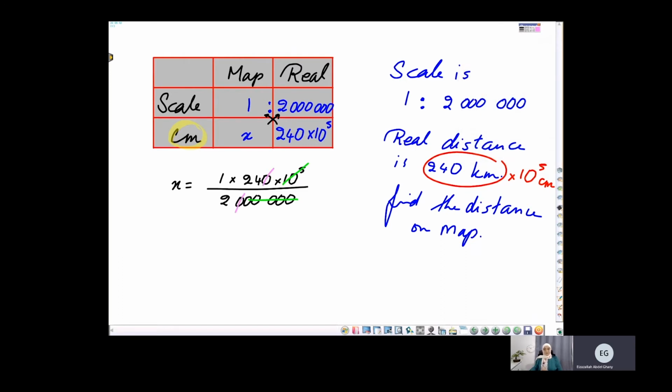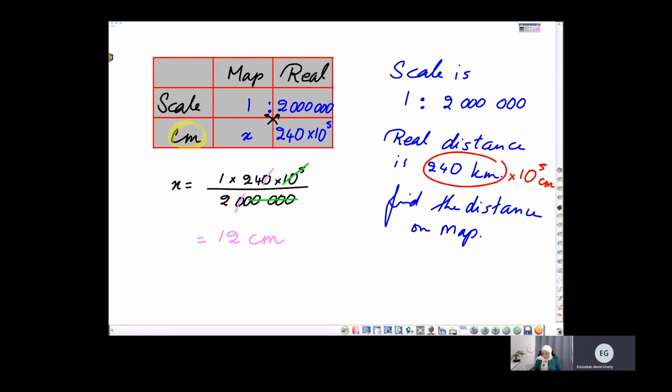Oh, I can do it without a calculator. It is 24 divided by 2. The answer, the distance on the map, will be 12 centimeters. It does make sense. If the distance in reality is 240 kilometers, then on the map it will be just 12 centimeters. As big as that.